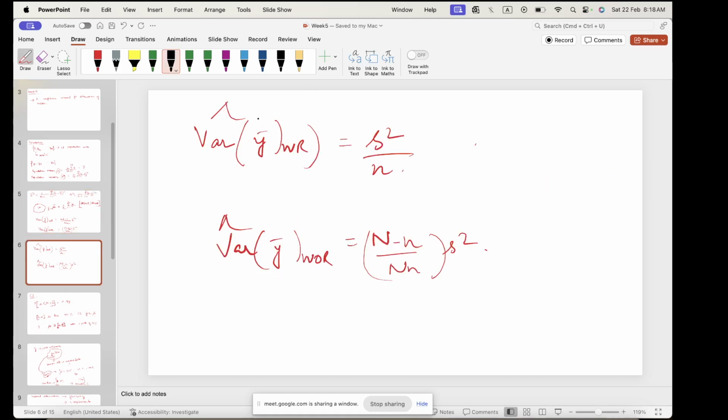The estimate for the variance of y bar WR is s square by n, and the variance of y bar WOR is (N minus n) by N into s square by n.